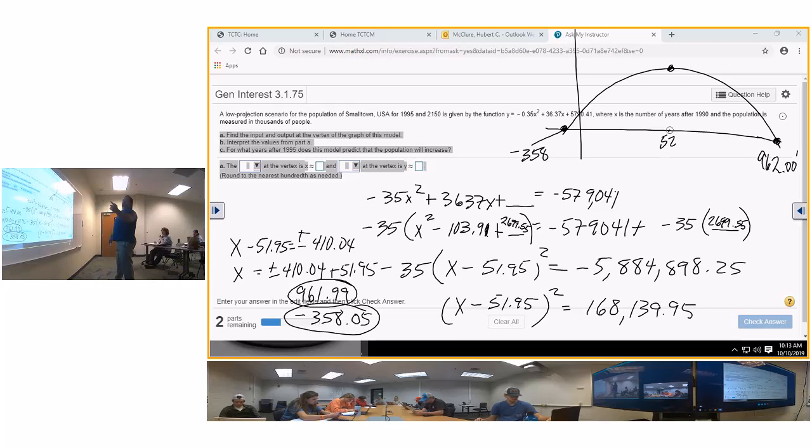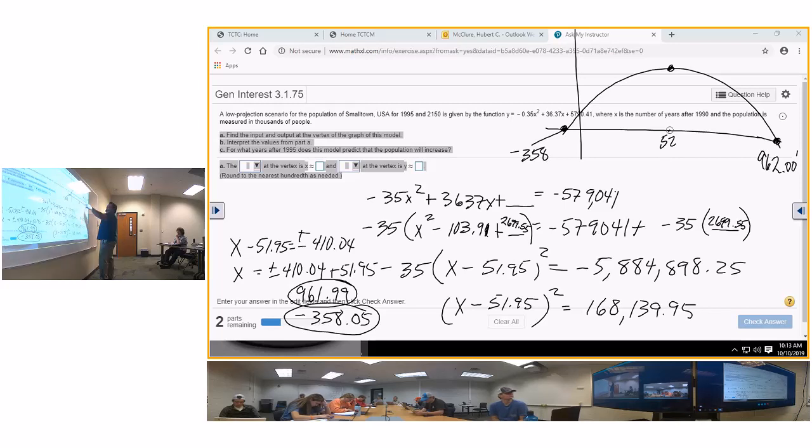What are we doing? A low projection for the population of a small town. This is population, right? So the population is going to be 5,884,899 in 51 years or 52 years. I don't know what number of years. So somebody take 1990 and add 52 to it.